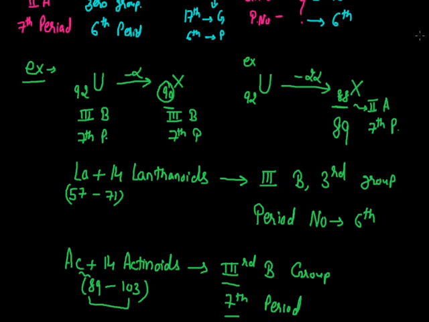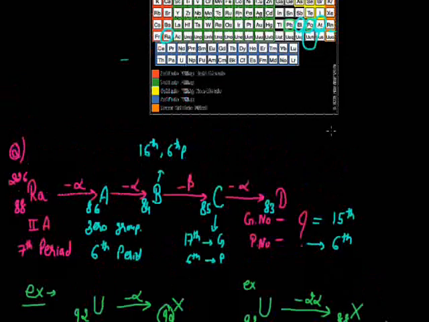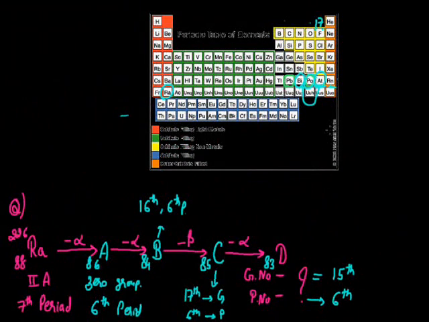We can also prove this by looking at the periodic table. Initially, we started with uranium. Whenever it emits one alpha particle, the newly formed nucleus will be thorium, and this thorium is again placed in the third B group, with period number 7.